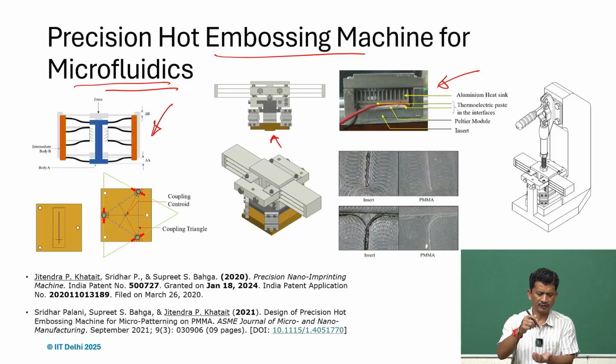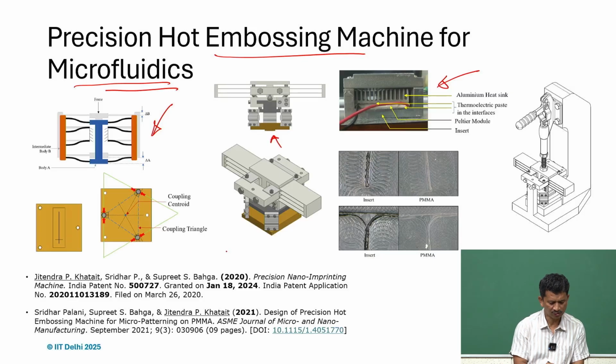What is required is only the jet motion that should be there, and both ways when going down and coming up. If there is any kind of misalignment, the other movement in theta direction, it will destroy the edges and then we will not get very good quality microfluidic chips. So understanding that requirement we have built it up.